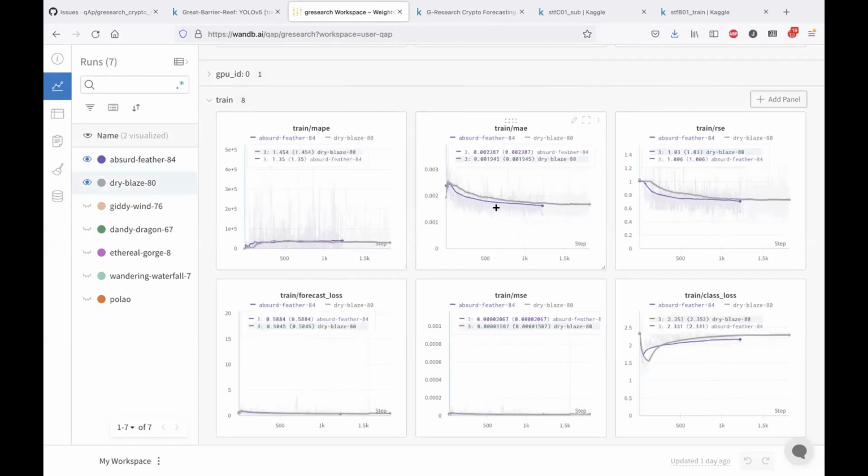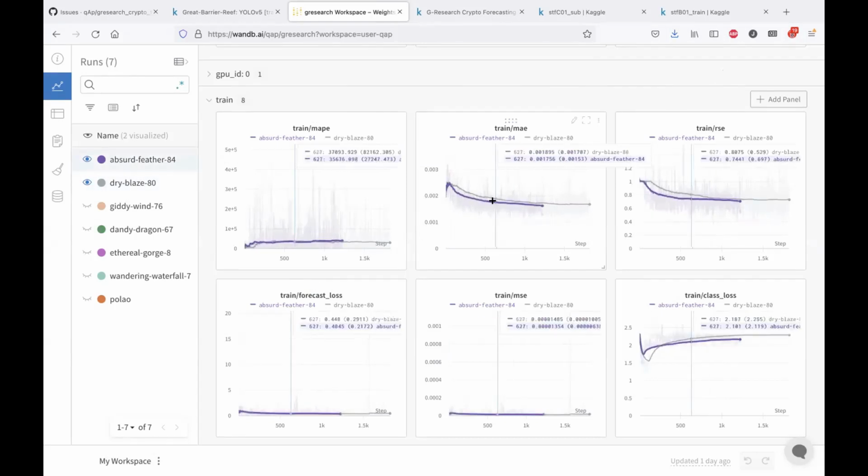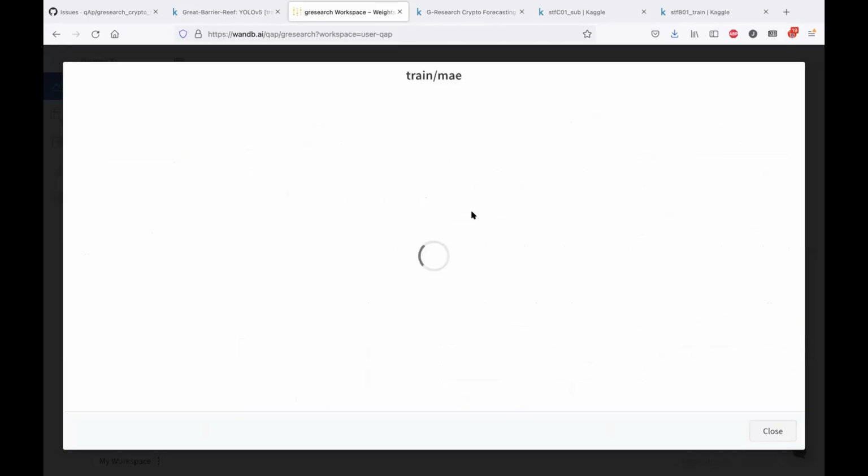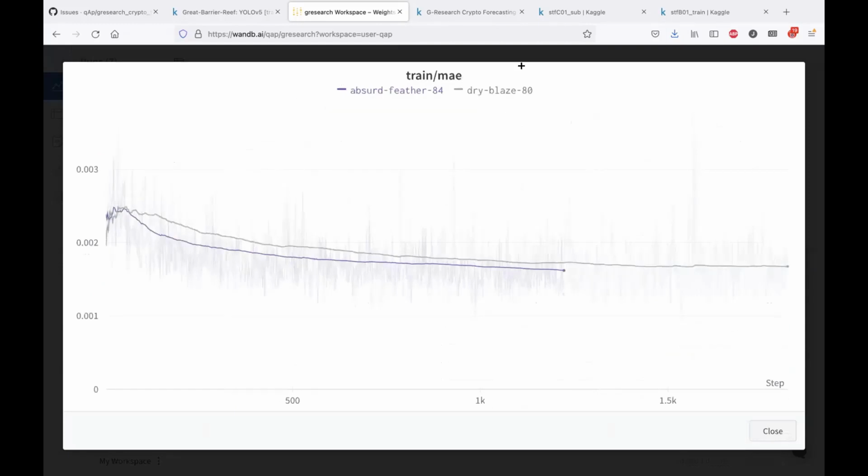So I've tried two experiments. This is the mean absolute error for the training set, and the gray line is when the number of context points is 128.